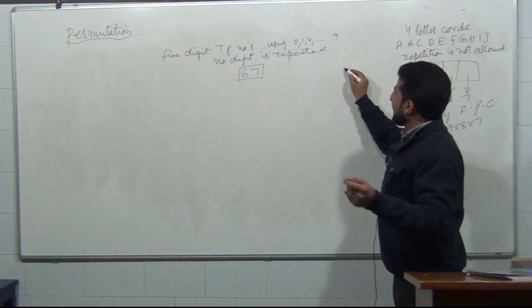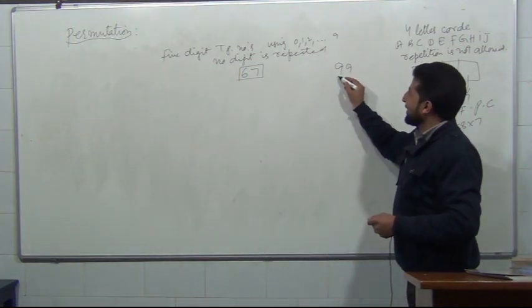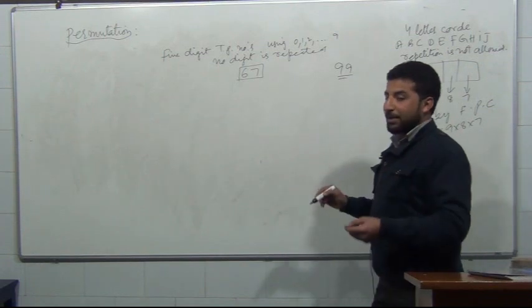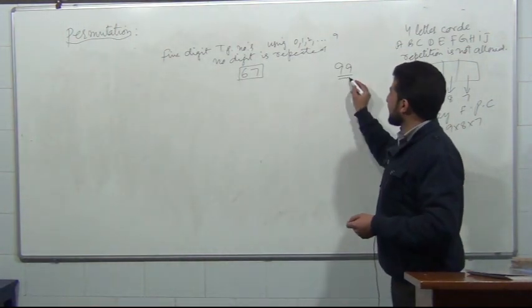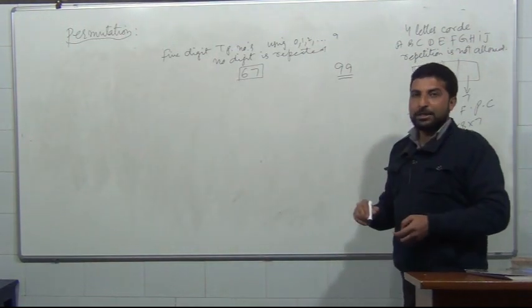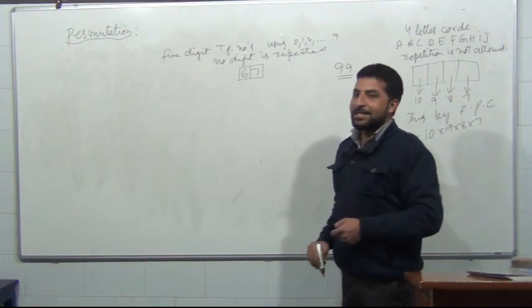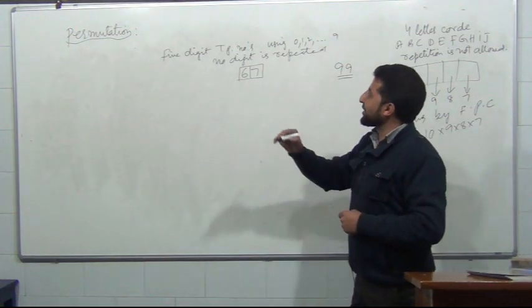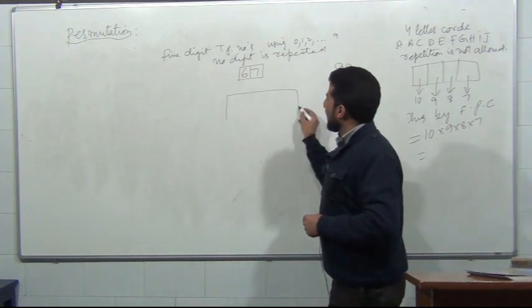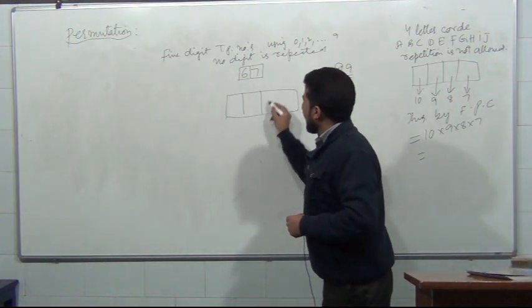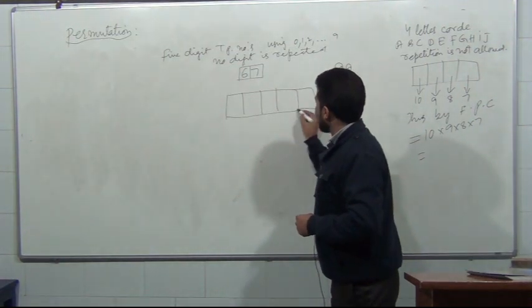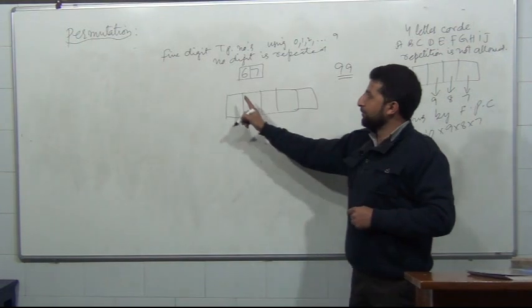Like anybody among you having a number starting with 99, there can be a dozen such numbers in this classroom. You have to construct the numbers which start with 67, but the numbers are 5-digit numbers. That means you have to make 5-digit numbers like this. You have no choice to fill up the first place.